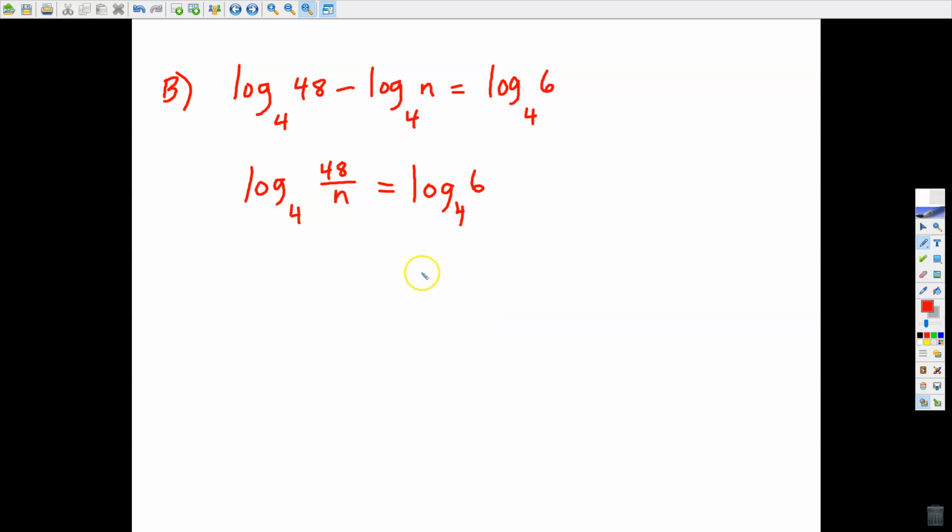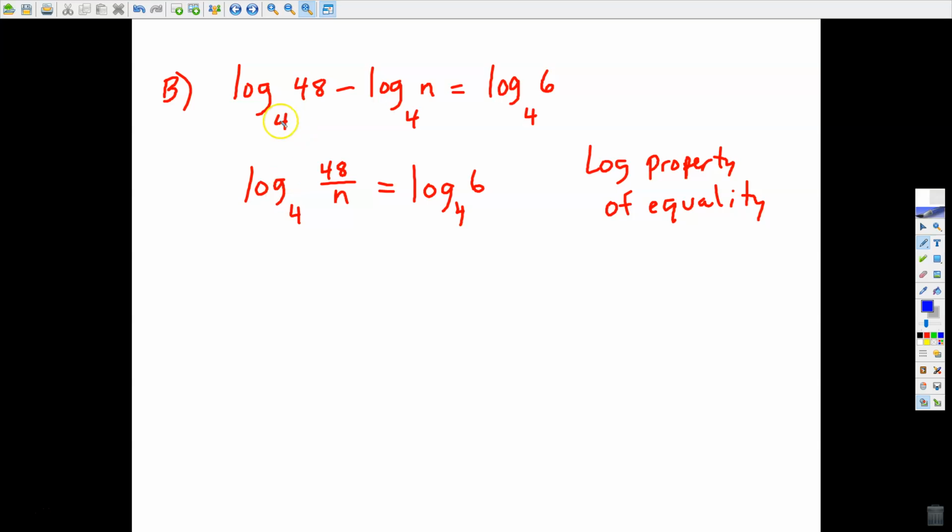Here is another property that we haven't talked about, but we can utilize it in this case. It's called the log property of equality. Basically, here's what it says. If you have single logs on either side of an equation, it also works for inequalities, which we'll cover in a later lesson, but today it's all about equations.